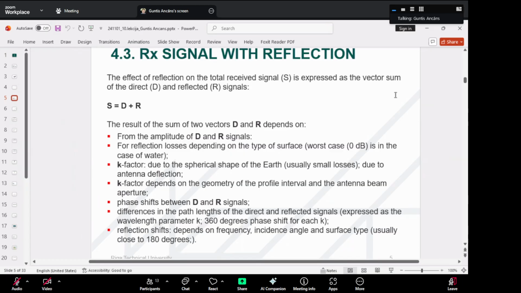The K factor depends on the geometry of the profile interval and the antenna beam aperture, and other factors as mentioned in the slide.